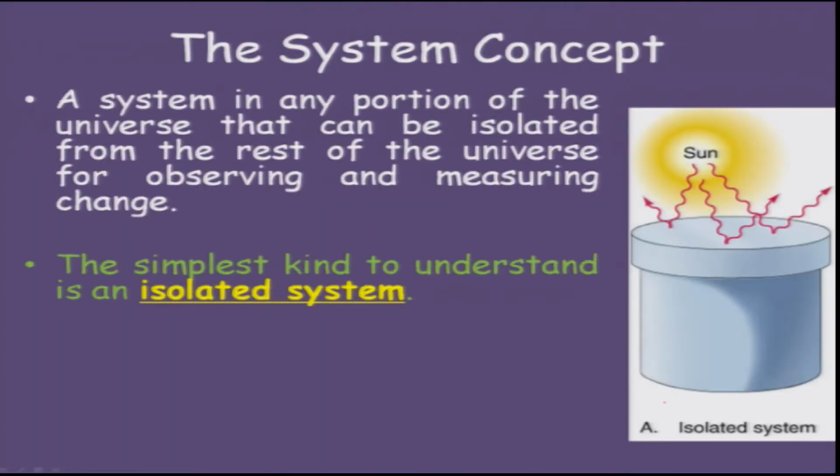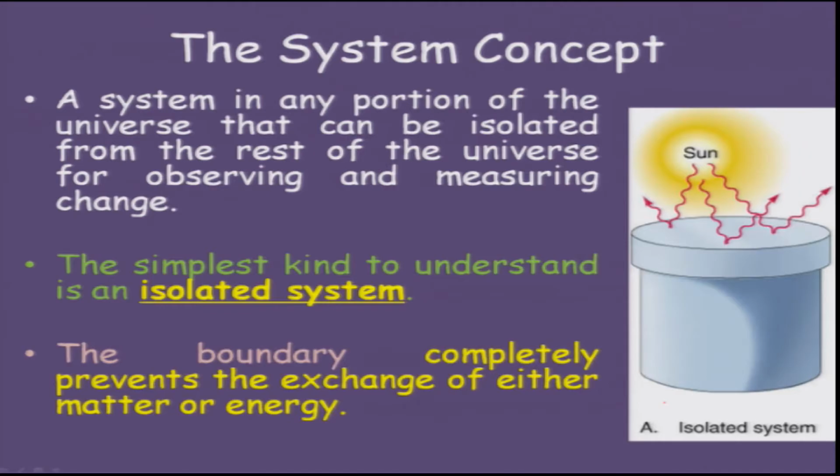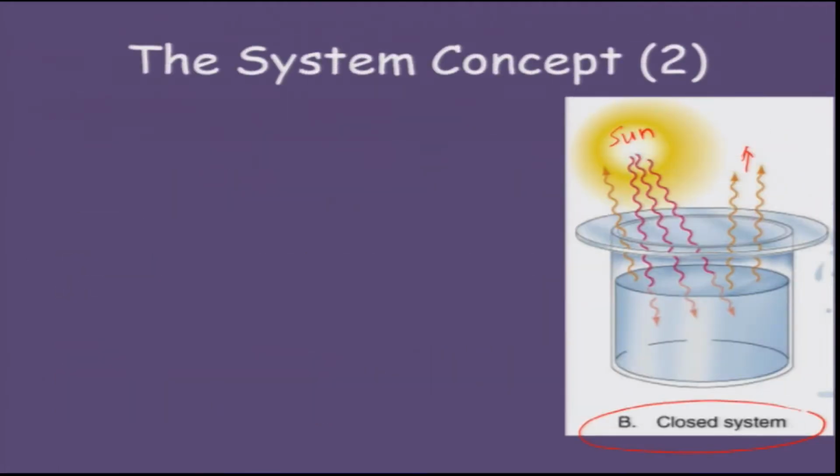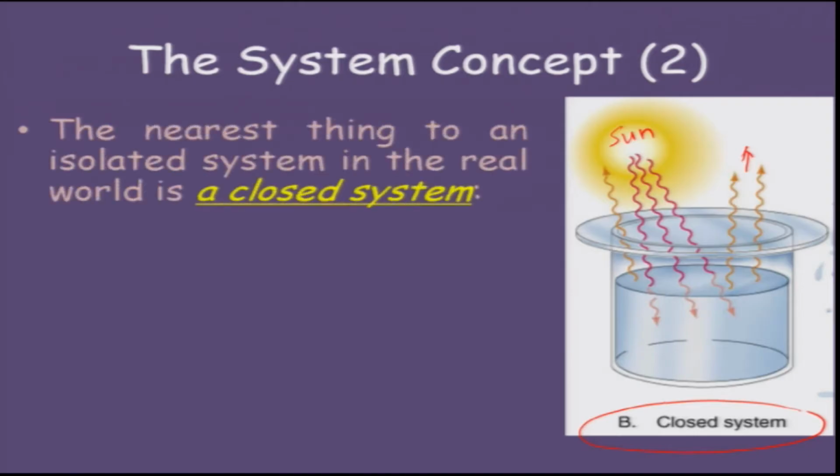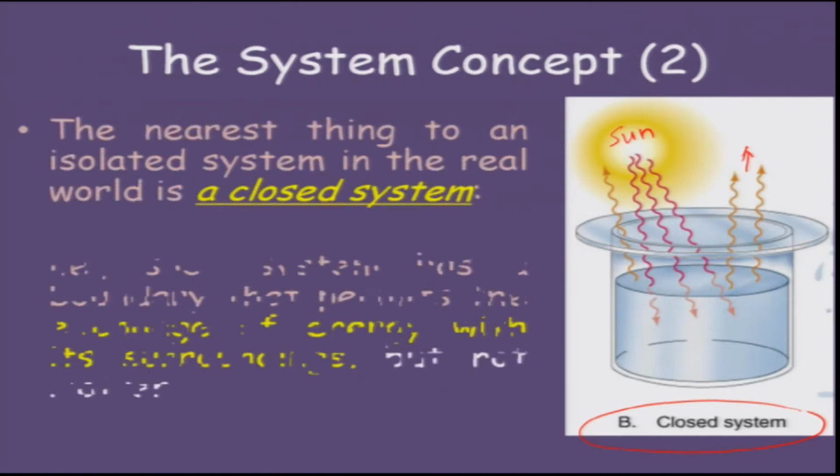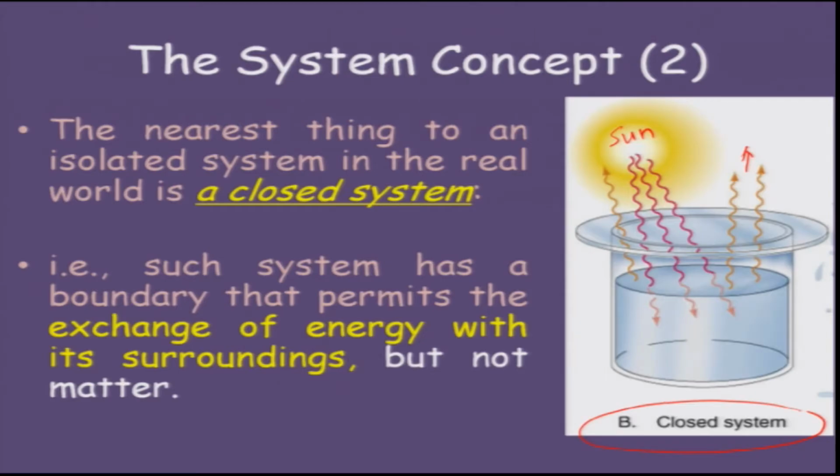In the isolated system, the boundaries completely prevent the exchange of either matter or energy. Whereas in the second one, the closed system, there is no exchange of matter, but the boundaries allow the exchange of energy.